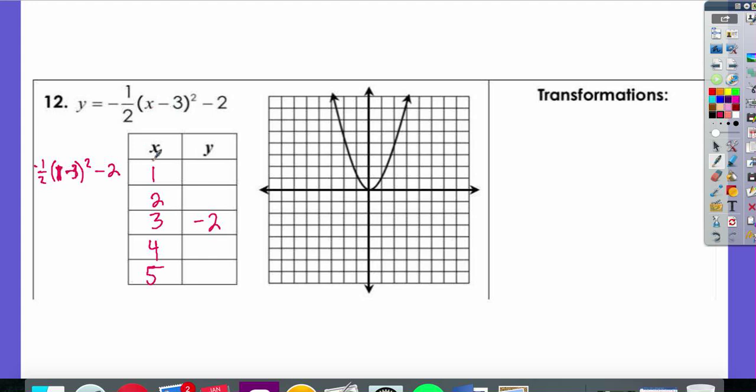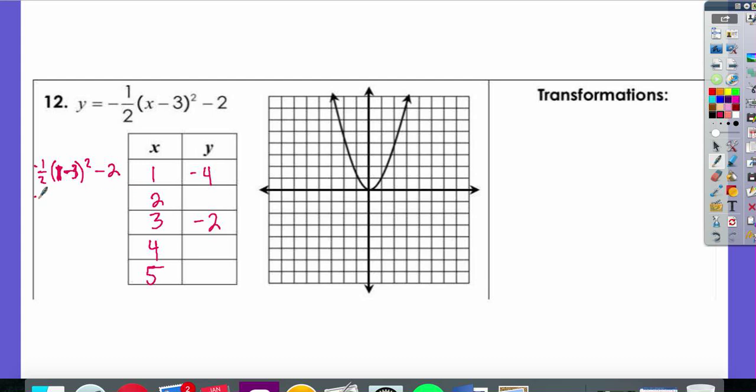I'm replacing the x with the 1. So 1 minus 3 is -2, and -2 squared is 4, and -1/2 times 4 is -2, then -2 minus 2 is -4. Now, I realize some of us can't do all that in our head. You are certainly welcome to plug this in the calculator exactly as it is and let it give you the answer. That is totally fine.